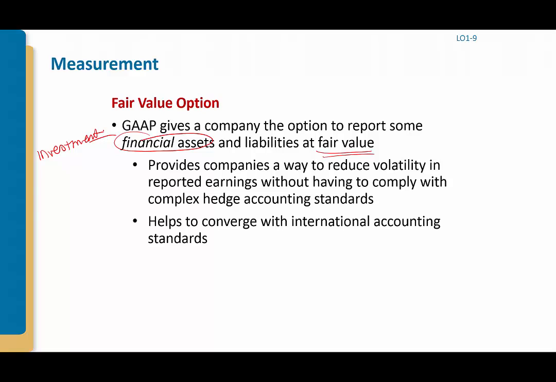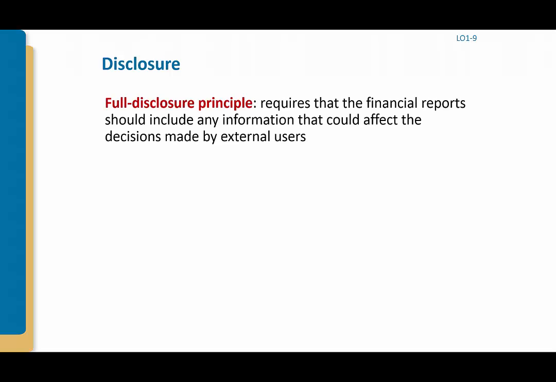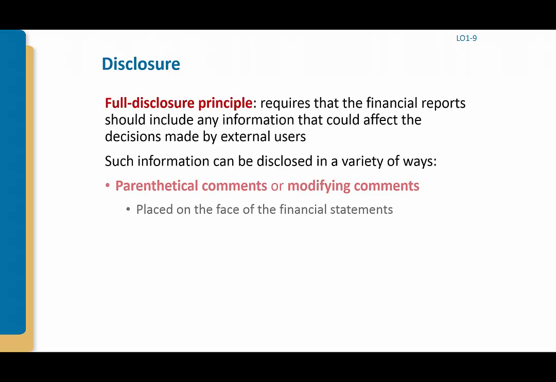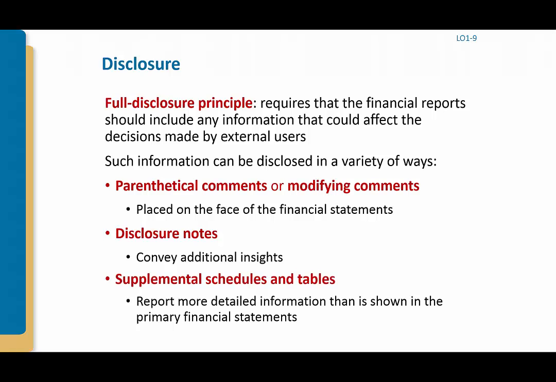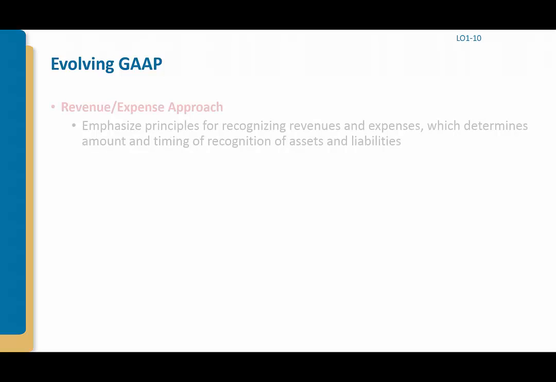This is one area where US GAAP and IFRS kind of go together. Fair value is a common measurement standard with IFRS. So for full disclosure, you have to include various pieces of information, not only on the face of the financials, but you need the disclosure notes. You might need supplemental schedules and tables.